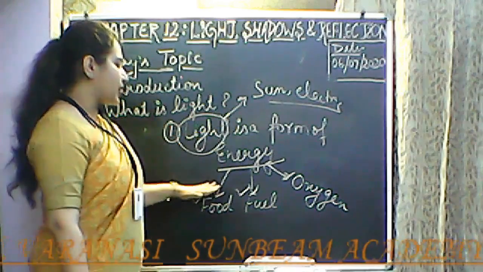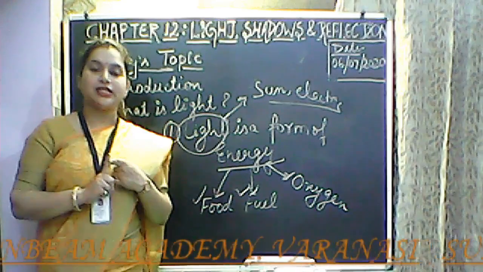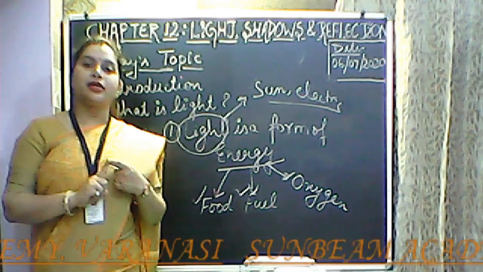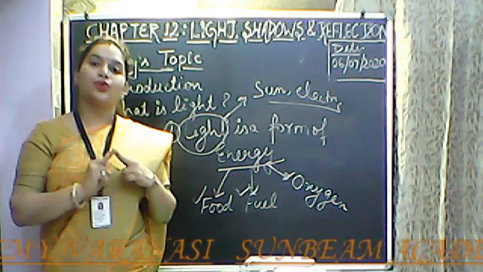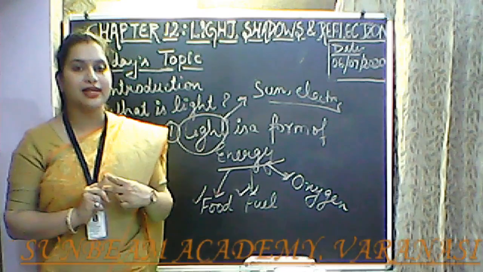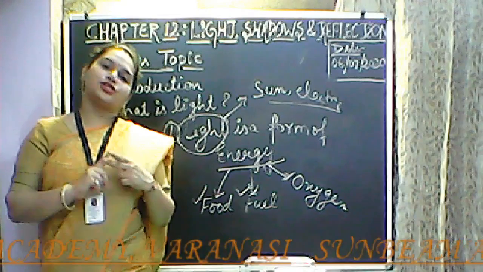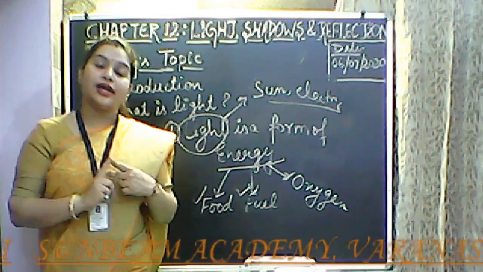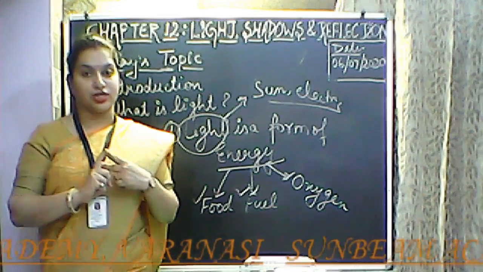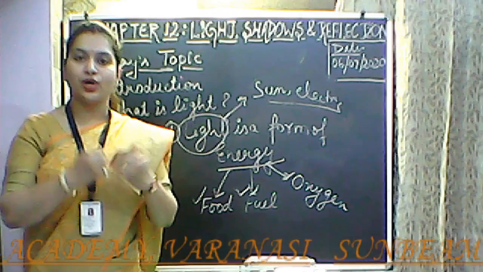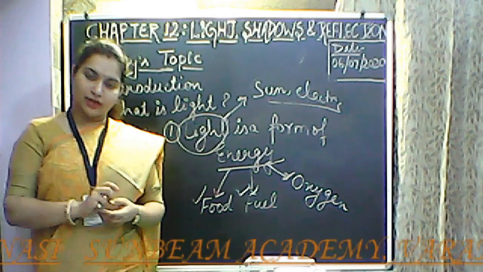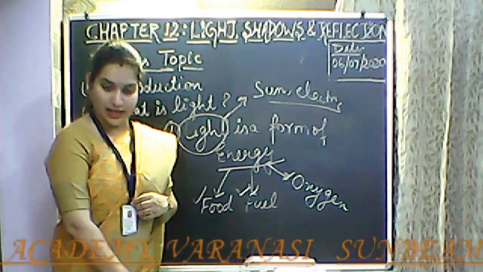So this is light. So first we have studied light enables us to see things around. Second, what exactly is light? Light is a form of energy that is enabling us to see the objects. Okay? Now moving ahead.